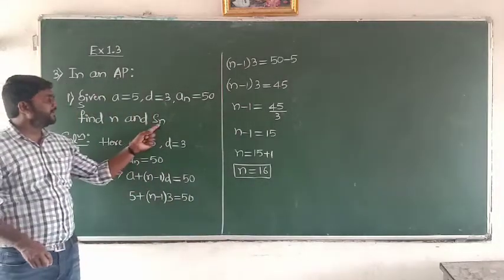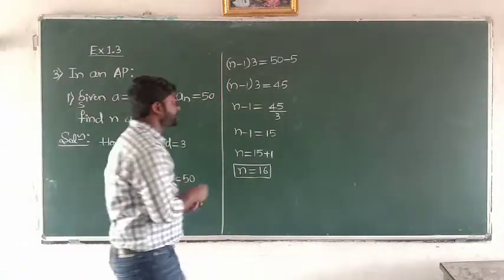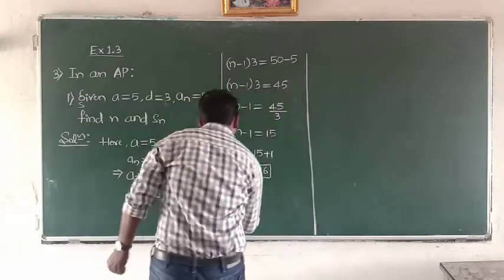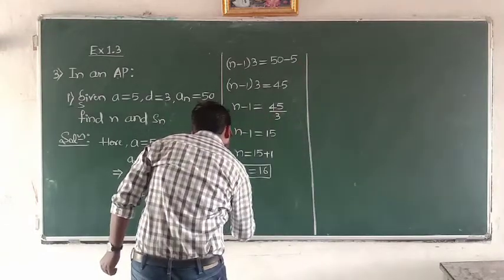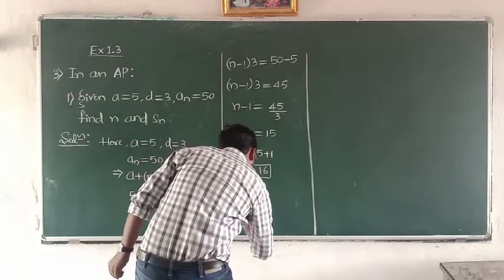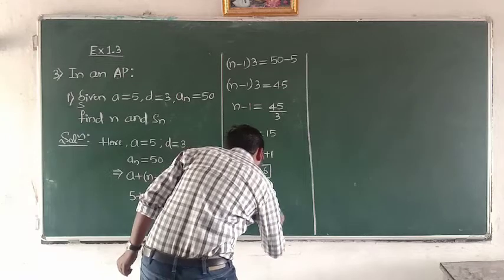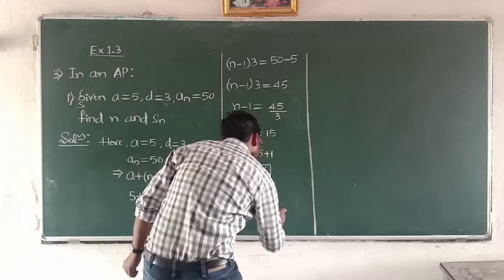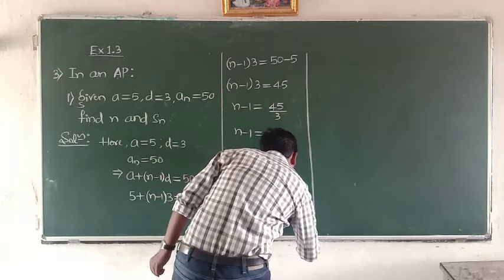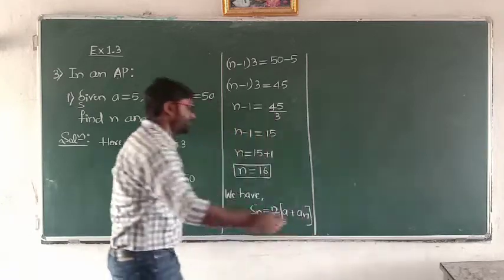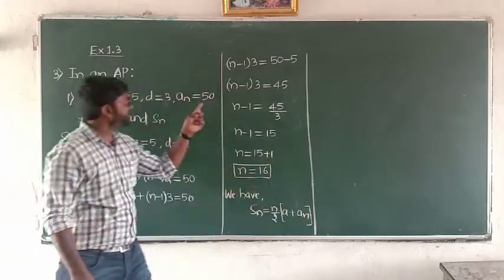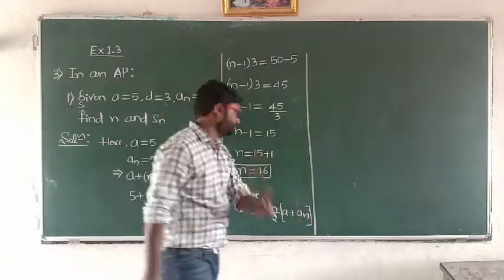Next we will have to find Sn. We have Sn equal to N by 2 into (A plus An), or A plus L. Here he has given An, that is why I use An.